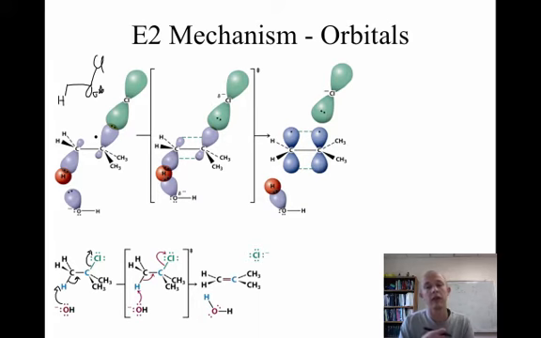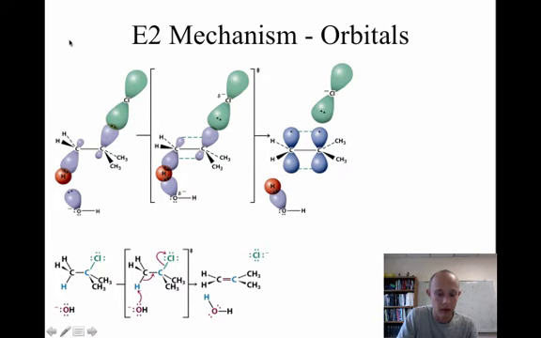And remember, when we use the term anti, the easiest way to see that is with the Newman projection, right? So if we look down this bond, at the hydrogen that's being eliminated, we take this molecule and draw it like this.